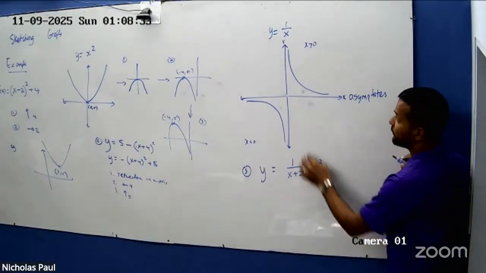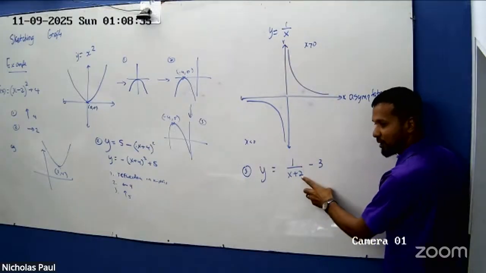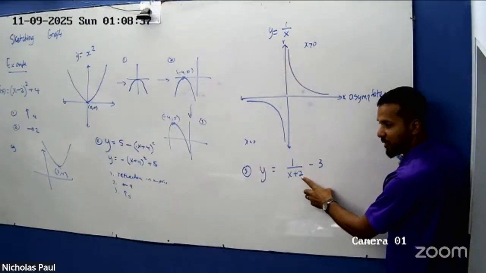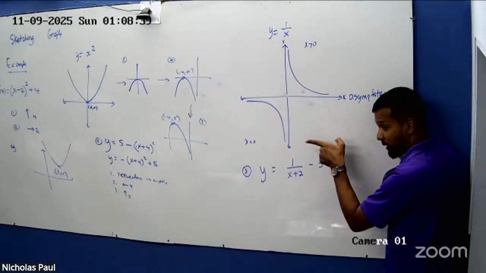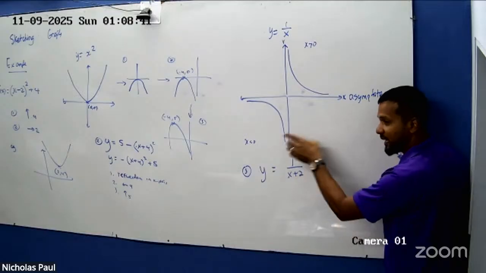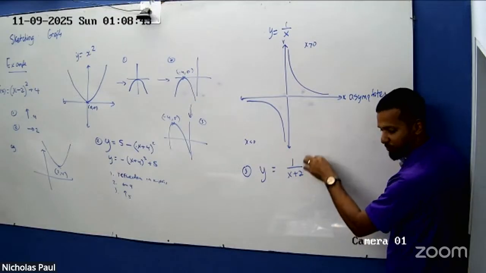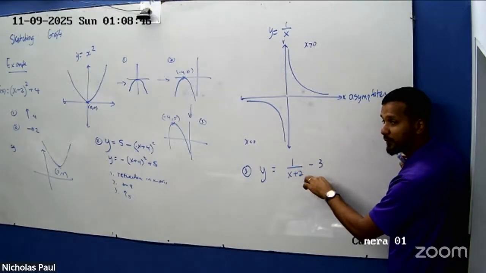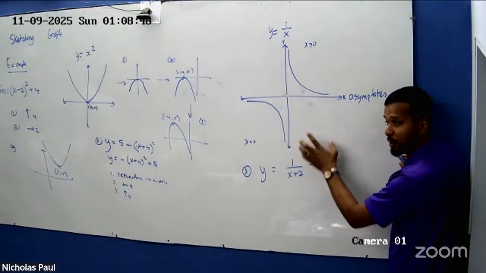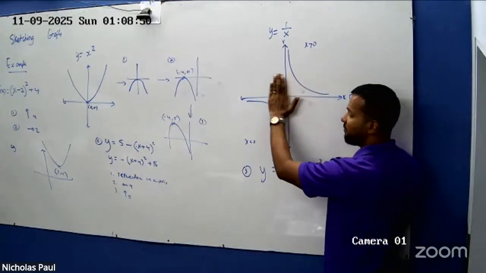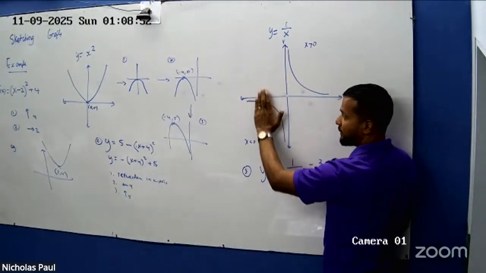What did I do to the original graph? Plus 2 means I'm shifting it to the left 2, and minus means I'm shifting it downwards. So I'm shifting this graph to the left 2 and down 3.